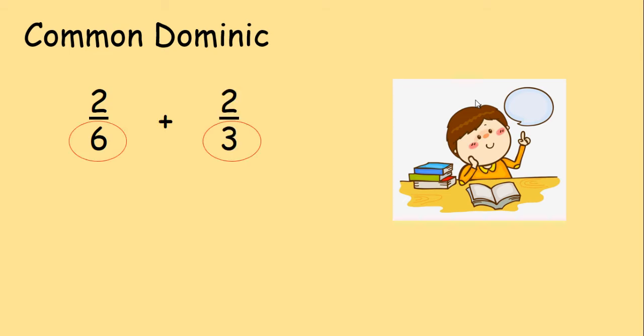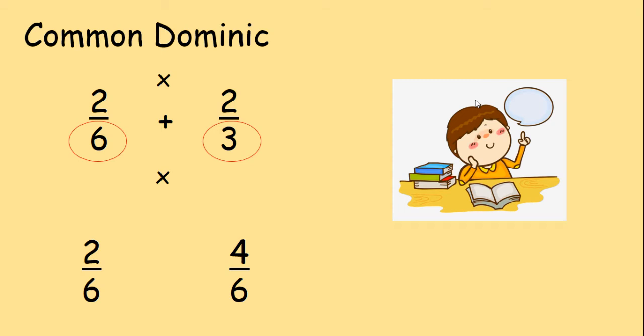I need to find the common denominator of 6 and 3. I know that if I multiply 3 by 2, I can make it 6. This means that I'm going to need to do the same to the numerator. I can leave my 2/6 as it is, and then I would need to add it to 4/6.